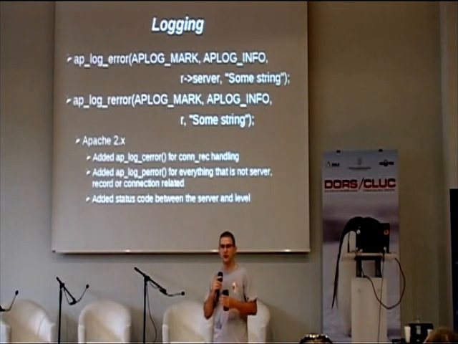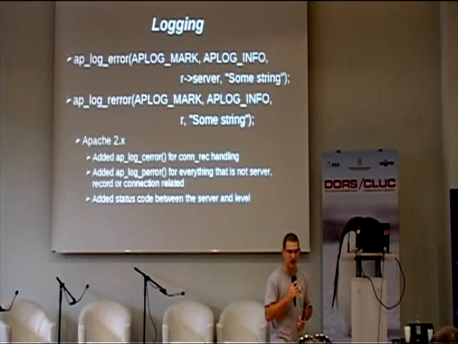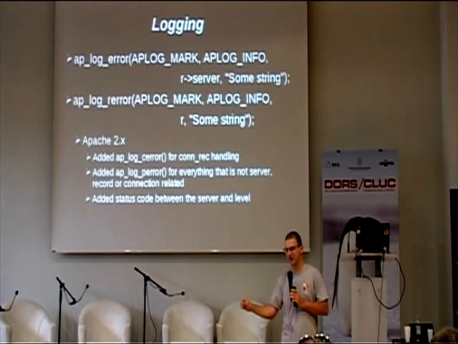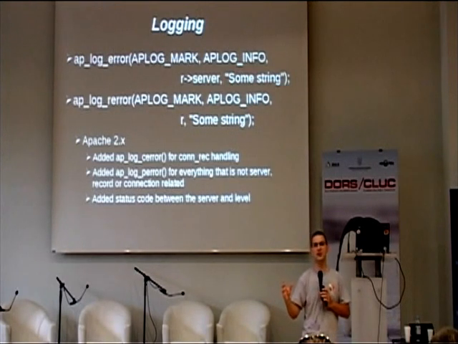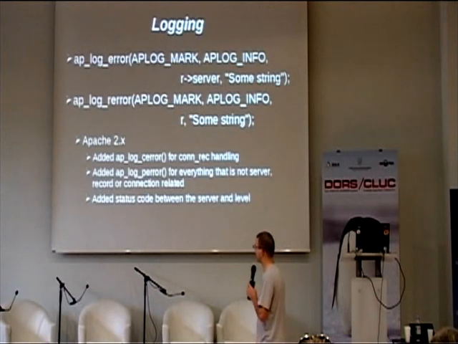You usually should pass the server pointer to this function, so Apache would actually know which child actually handles your request, and which file descriptor should be used to write your message.